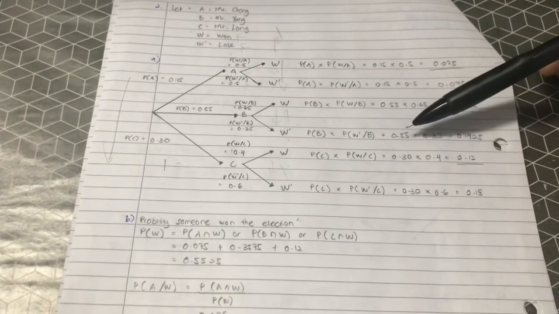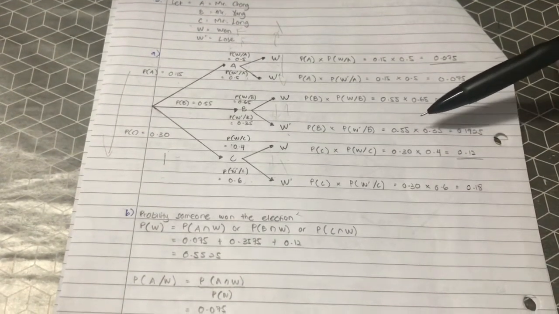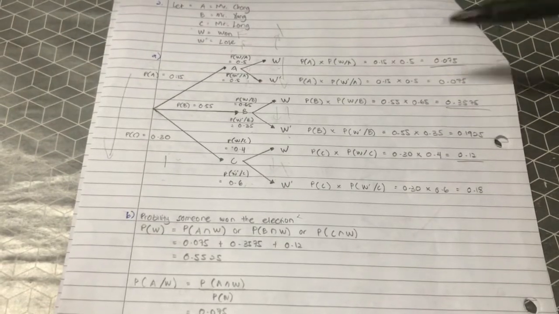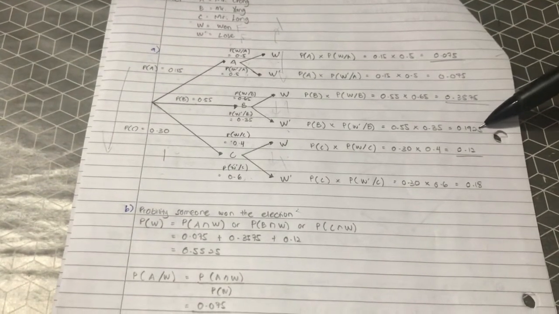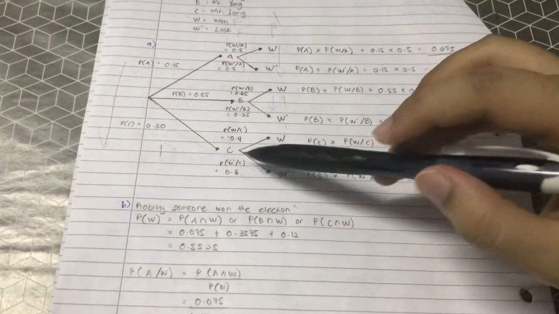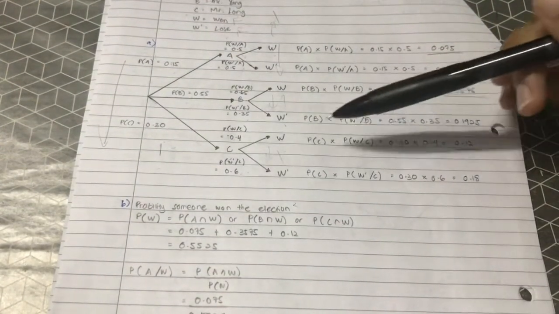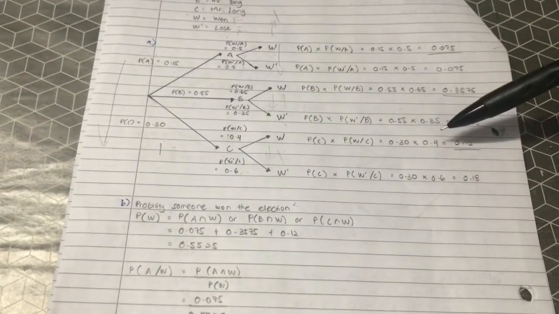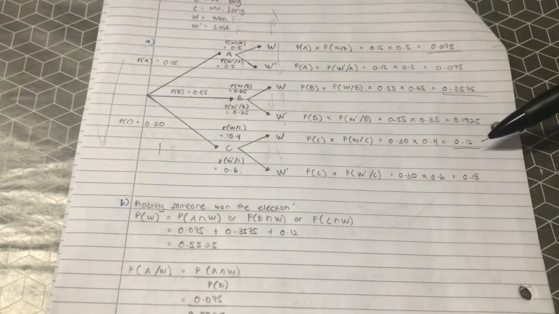So you write 0.55 multiplied by 0.35, and you will get 0.1925. After that you do C the same way. You write this, put in the numbers, use your calculator, and you get the number.